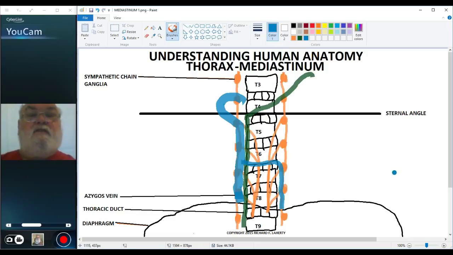This is the hemiazygos vein. And then we have one coming from superiorly down the left side, and it also crosses to drain into the azygos. This is the accessory hemiazygos. So let me put some labels on here.